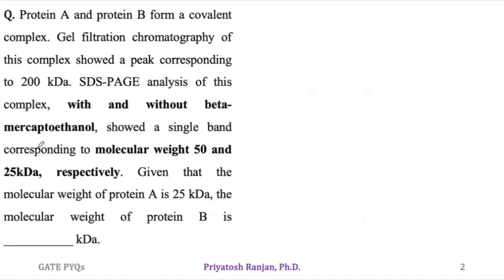Now let's see the other part of the question. It says with the help of SDS-PAGE, it's a method where we separate the biomolecule on the basis of molecular weight. Under denaturing conditions, we make use of sodium dodecyl sulfate, which is a detergent that denatures the protein by removing all sorts of non-covalent interactions.